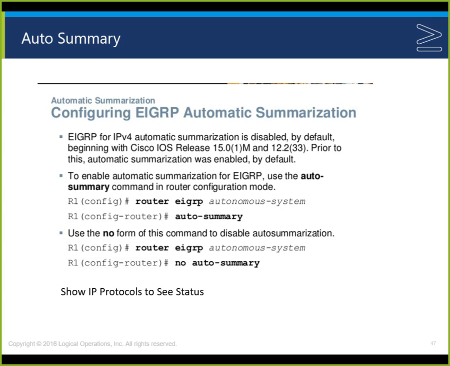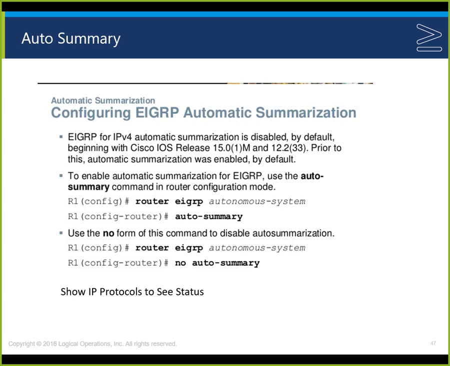If you don't want auto summarization, it never hurts to put in the no auto summary command that shows down there: router EIGRP, no auto summary. Auto summary will automatically summarize supernet, for lack of a better word, routes at classful boundaries.